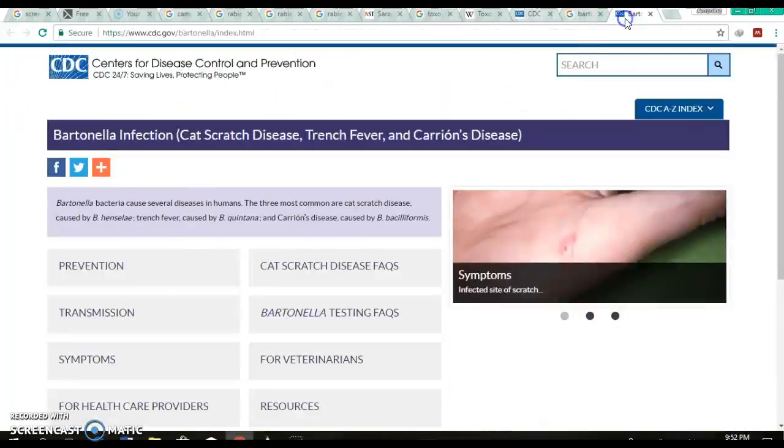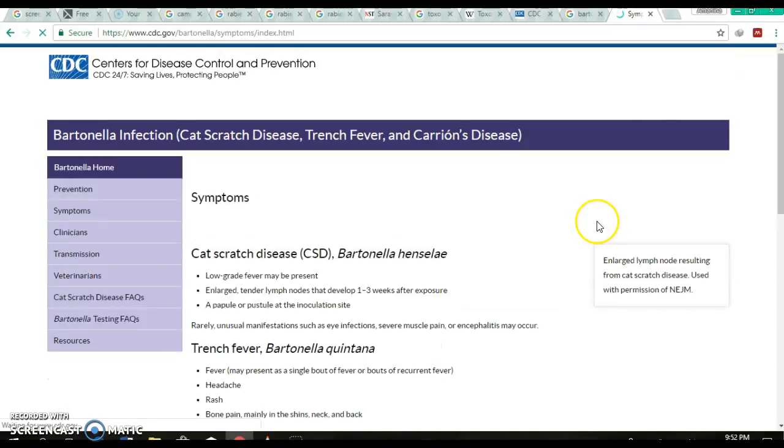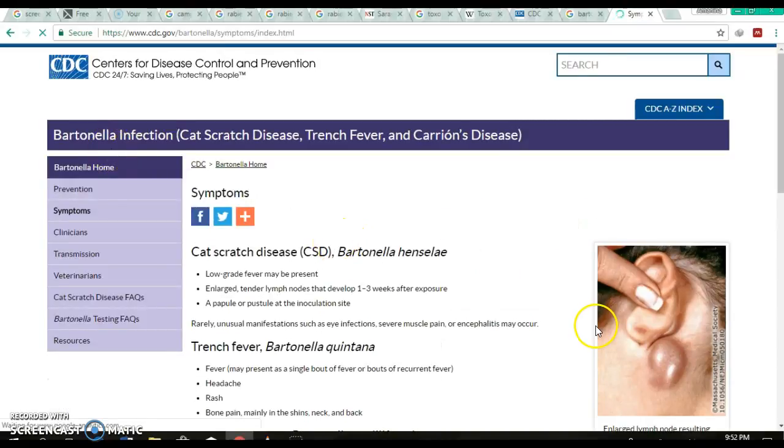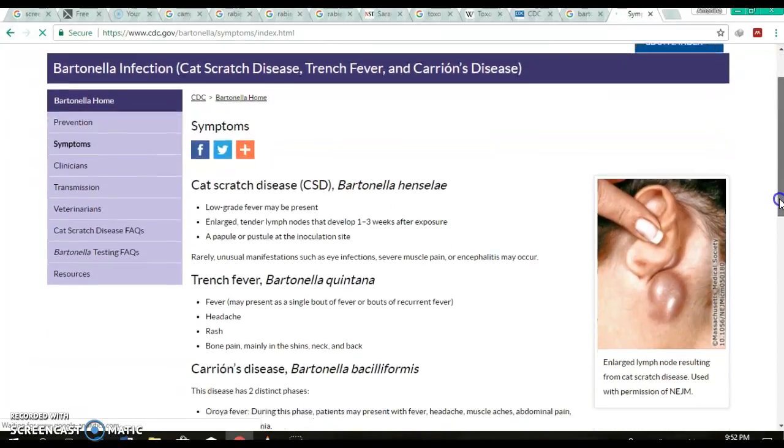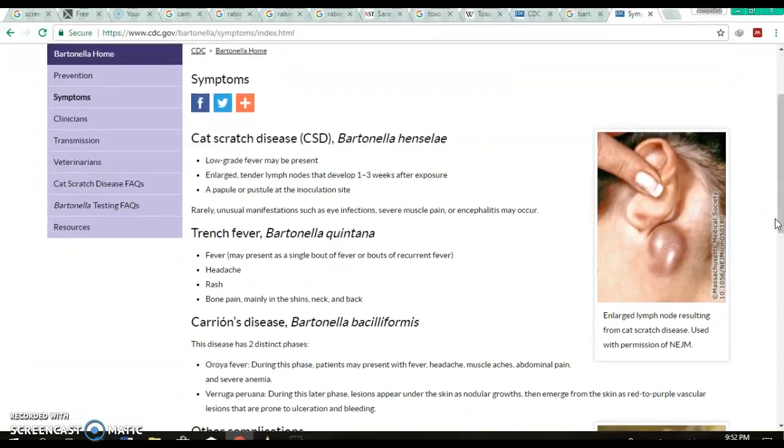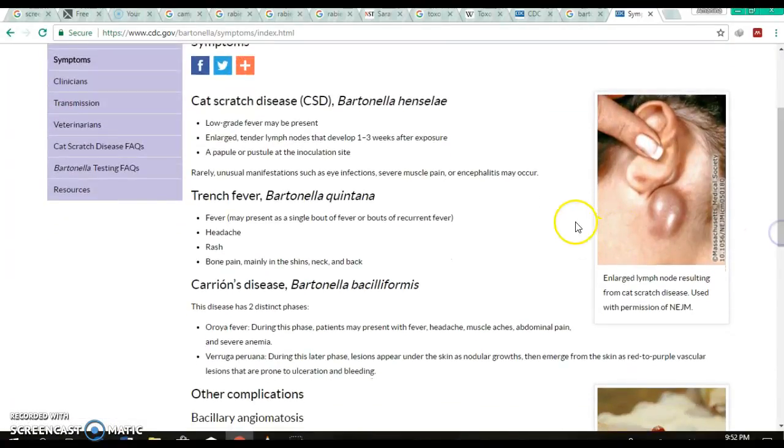This is an example of the scratches and the swollen lymph node like this.